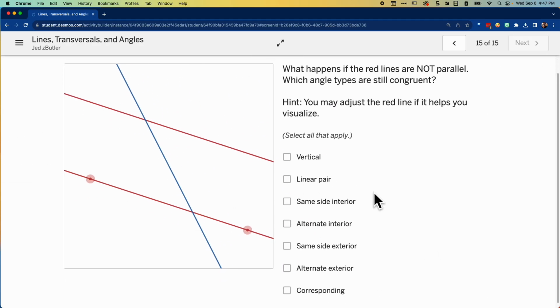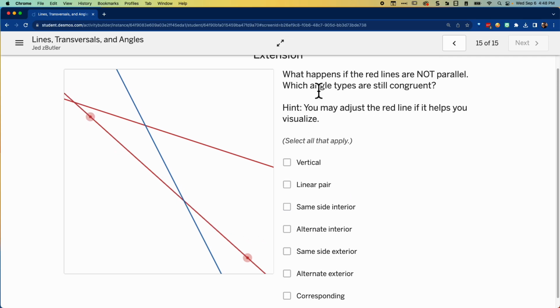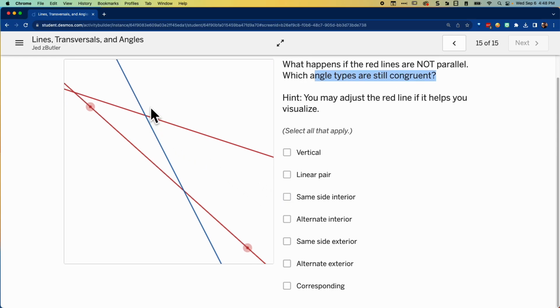Awesome. And then the final screen: what happens if the red lines aren't parallel? I can move these red lines around if I need to. Which angles are still congruent? This is kind of interesting. This big angle here in the top right and this big angle here don't look quite the same.